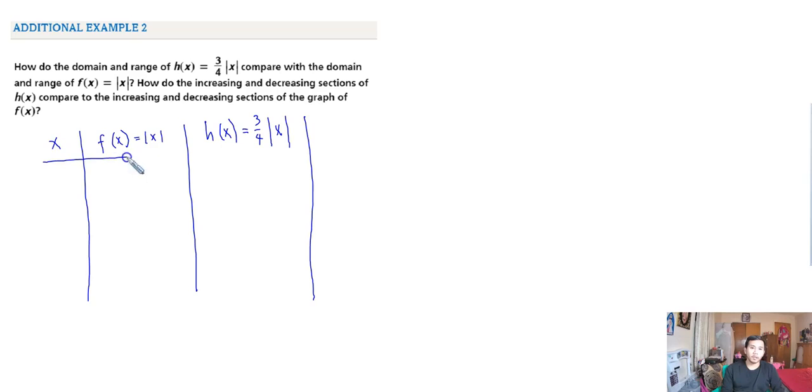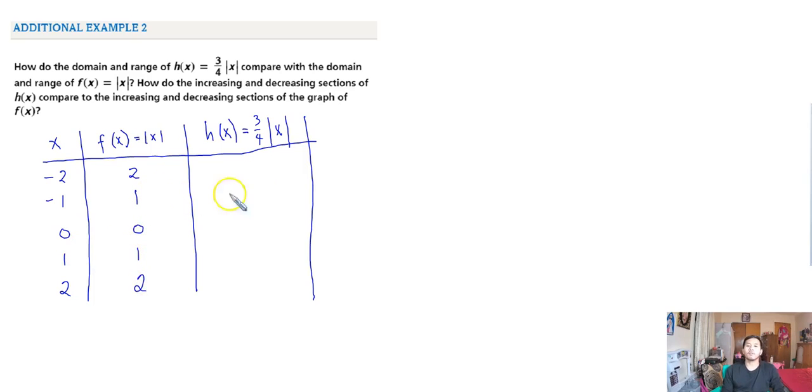So if I'm going to assign values of x here, let's say I'll start with -2, -1, 0, 1, and 2. If the value of x is -2, we'll just get the absolute value of -2, which is +2. Sorry about that. It's +2. The absolute value of -1 is +1, the absolute value of 0 is 0, the absolute value of 1 is 1, and the absolute value of 2 is 2.